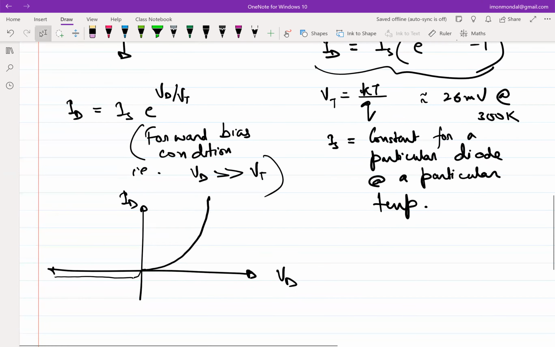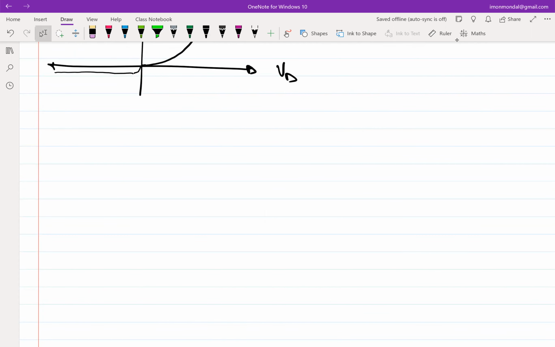So what I meant is essentially you cannot use this approximation for reverse bias condition. Again, a very trivial example, but an example nonetheless to point out the fact that given a set of equations, you need to know what to use when. So under forward bias condition, we can approximate the ID VD characteristics of a diode as this. Okay, fine. So now that we know this ID VD characteristics of this diode, let's go back to our circuit.